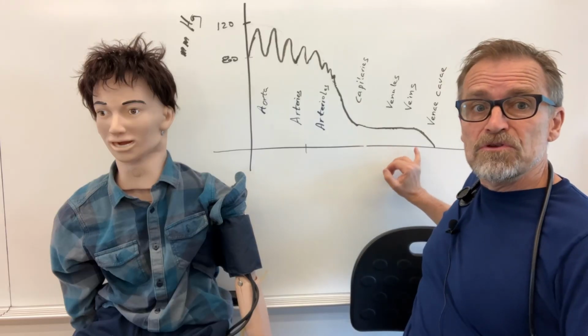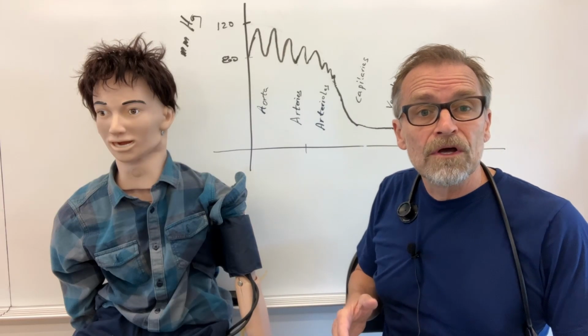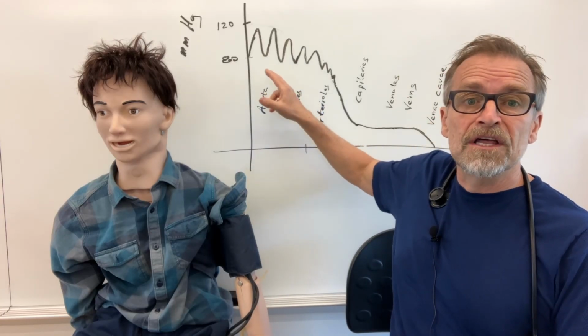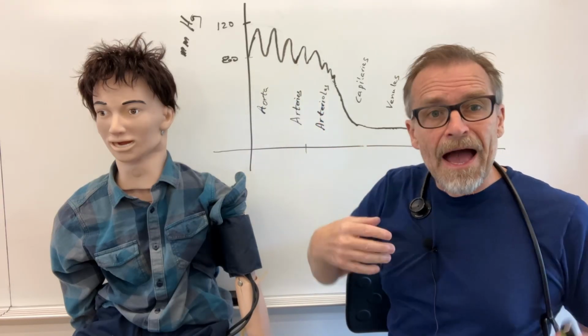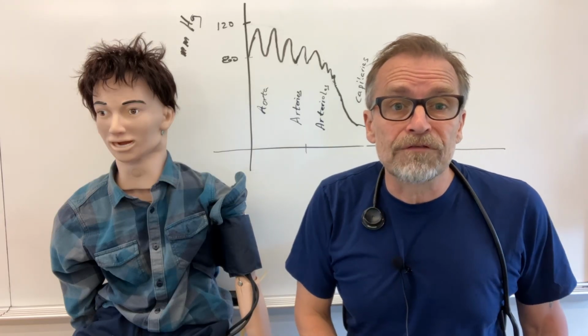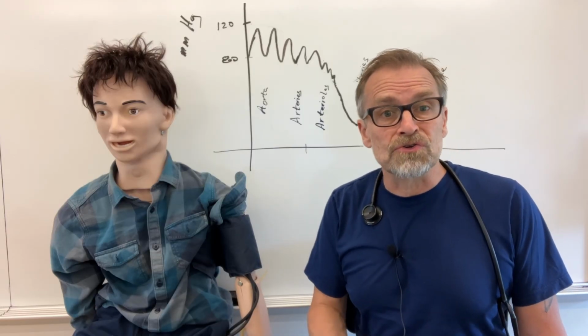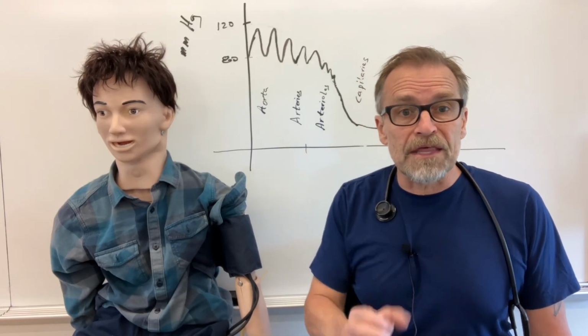And then by the time you get to the vena cava, the pressure has gone extremely low. So this is the pressure we're interested in. That's the delivery pressure. That's going to tell us how well the heart is functioning, and it's going to identify some red flags for us if that pressure is high, because a high pressure could do damage to your circulatory system. We'll talk about that later.